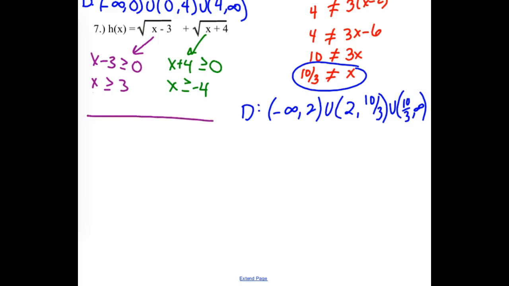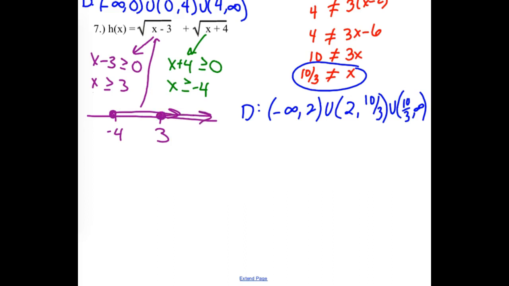Okay? So think of a number line. We've got negative 4 here. We've got 3 here. If x has to be greater than or equal to this, that means I can use every number to the right of negative 4. Yes? But would that work in that one? No. So this other restriction here from 3 on up is more restrictive.